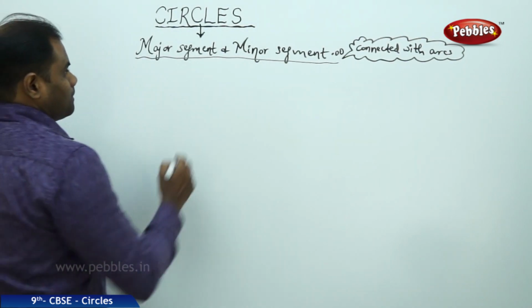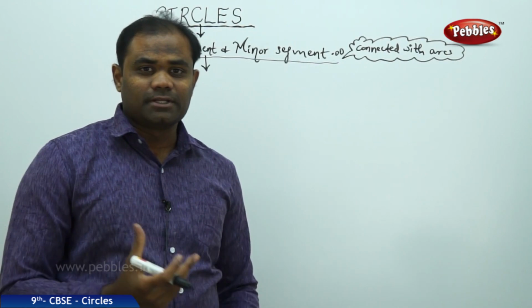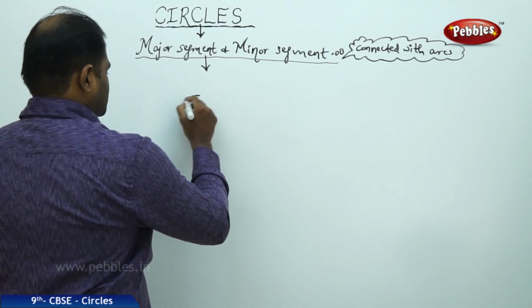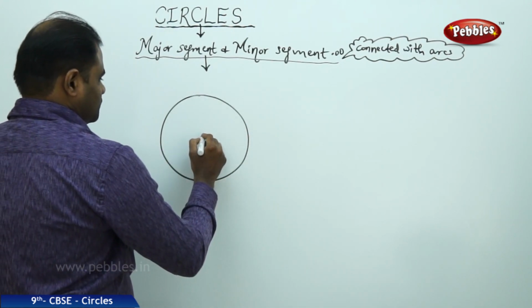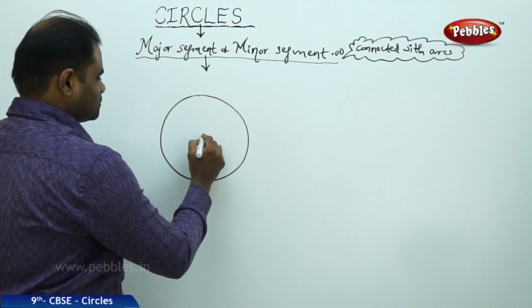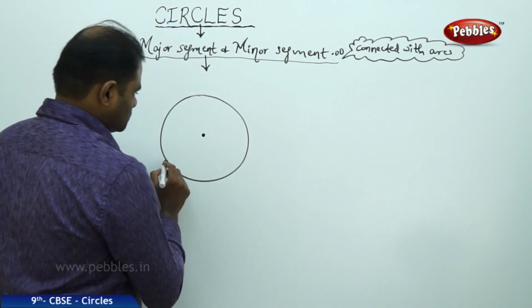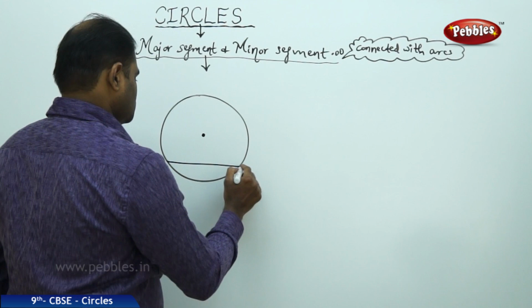For example, let's take a circle of suitable radius and center. So here I take a circle with the center out here. And here is the chord AB.